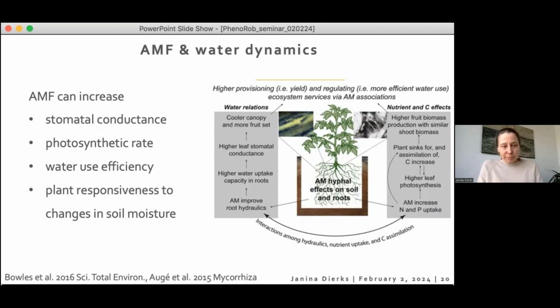Further, by enhancing plants' access to nutrients, mycorrhizal fungi can maintain the physiological performance of plants, and this has indirect effects on water dynamics as it strengthens plants' ability to recover and/or prevent severe damage of roots and the photosynthetic apparatus.